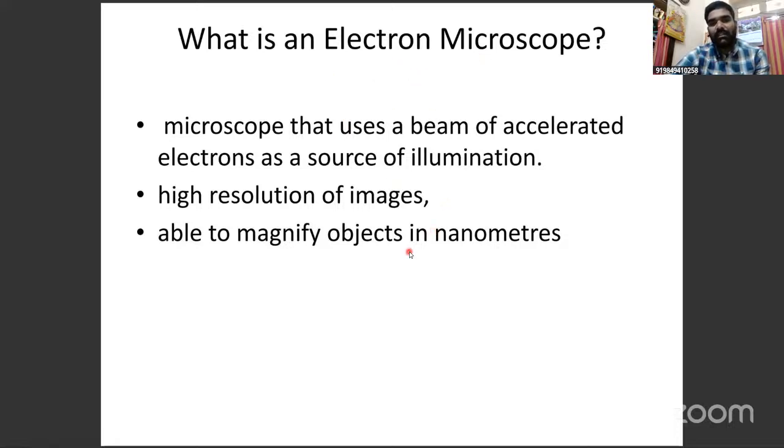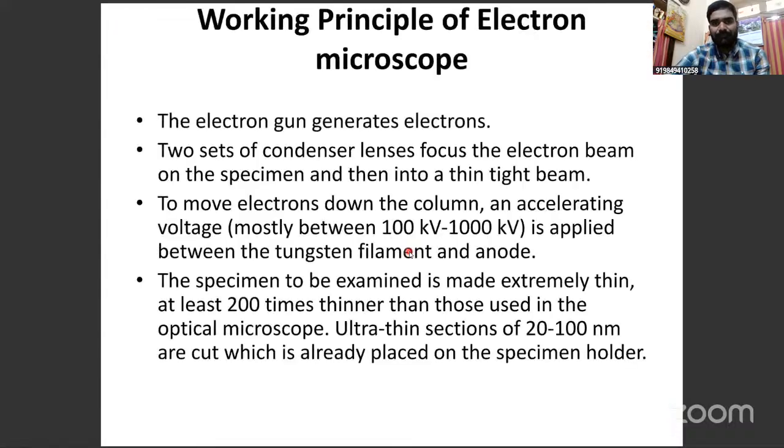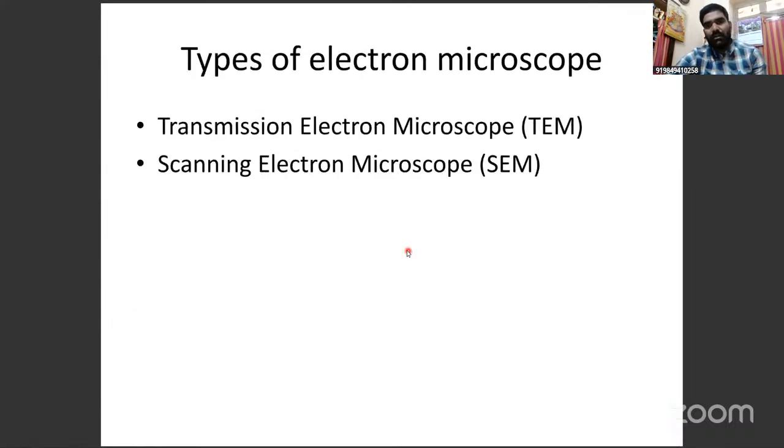Electron microscopes are divided into two, SEM and TEM. They use the same principle, but in the TEM, the electrons pass through the sample or specimen onto the objective lens, and they form the image. In the scanning electron microscope, we study the scattered electrons. By the scattered electrons, we study the morphology and topography of the sample.